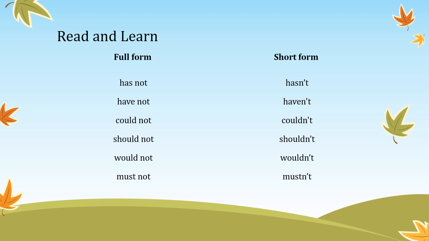Here are more few words. Let's read them out. Full form and short form. Has not, hasn't. Have not, haven't. Could not, couldn't. Should not, shouldn't. Would not, wouldn't. Must not, mustn't.